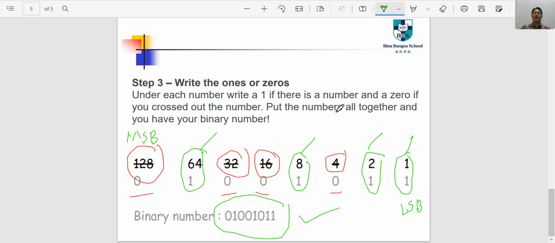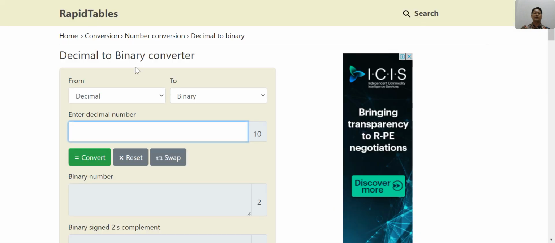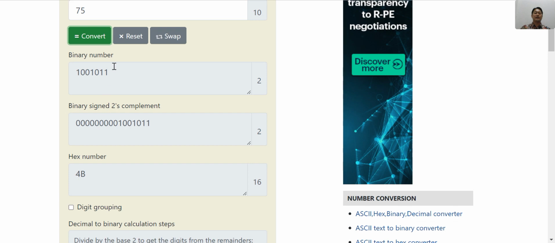So how to verify? Let me use one converter. Actually, this is also very useful. Going here in RapidTables, since your conversion is from decimal to binary, we are just going to enter 75, as you can see. Then I'm going to click convert. You notice, since this is a binary number already, 1001011, 1, 2, 3, 4, 5, 6, 7.